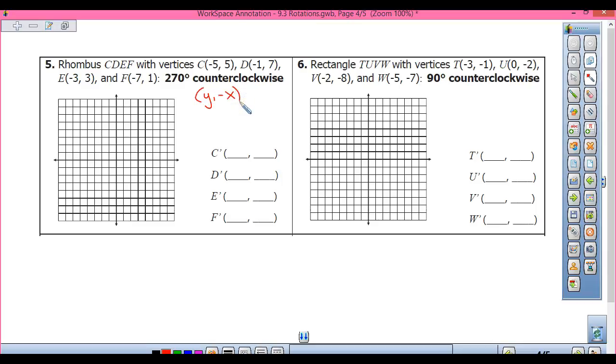You're going to want to make sure you get these rules onto your yellow sheet as well. So for C prime, y moves to the front, so that becomes 5. And my x moves to the back and becomes the opposite, so it's 5, 5.